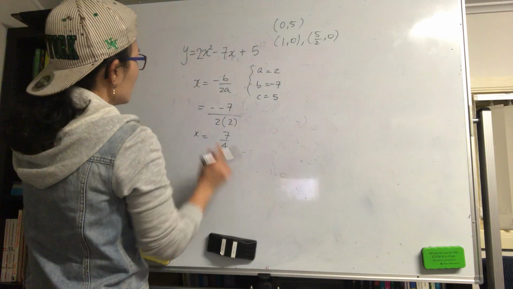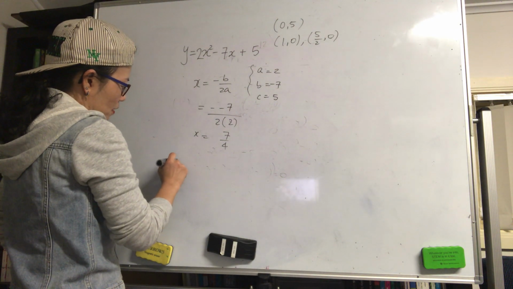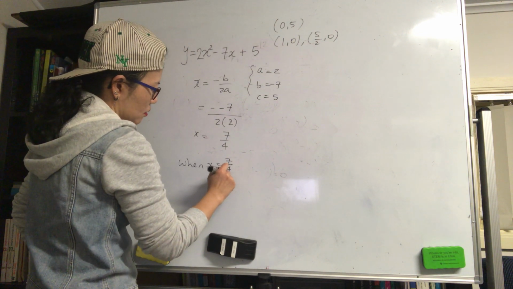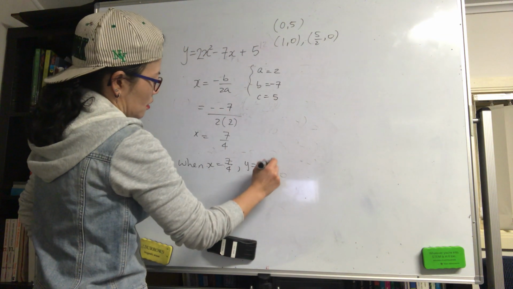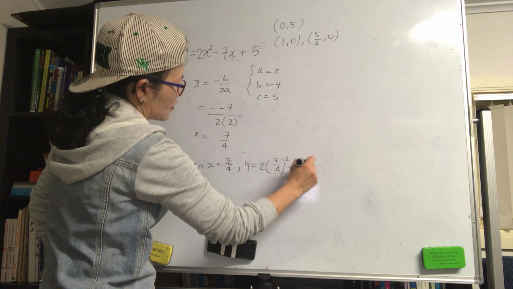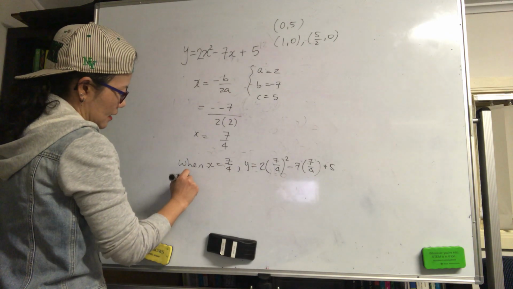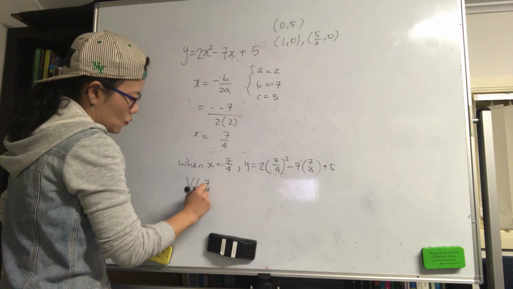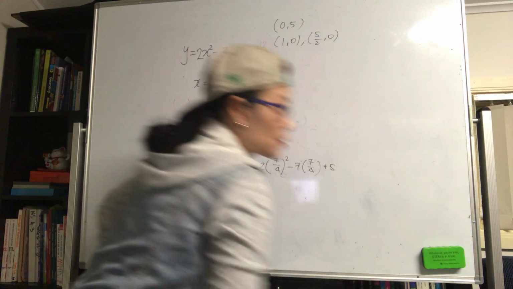Okay, so the next question is find the vertex, obviously. So what is the vertex? When x equals 7 over 4, what will be my y value? I'm just going to have to put 7 over 4 squared, minus 7 times 7 over 4, plus 5. You put that in your calculator, because I've already done the question there.